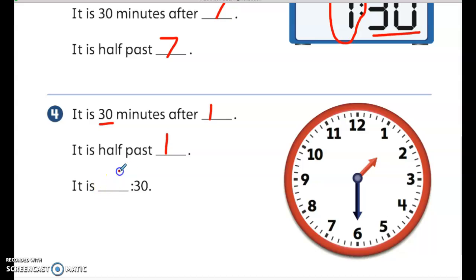It is 1:30. So when the hand is in between and we're talking about half past, it's always the number that it's just past. You see right here, it is just past the 1. Not to the 2 yet, but just past the 1.